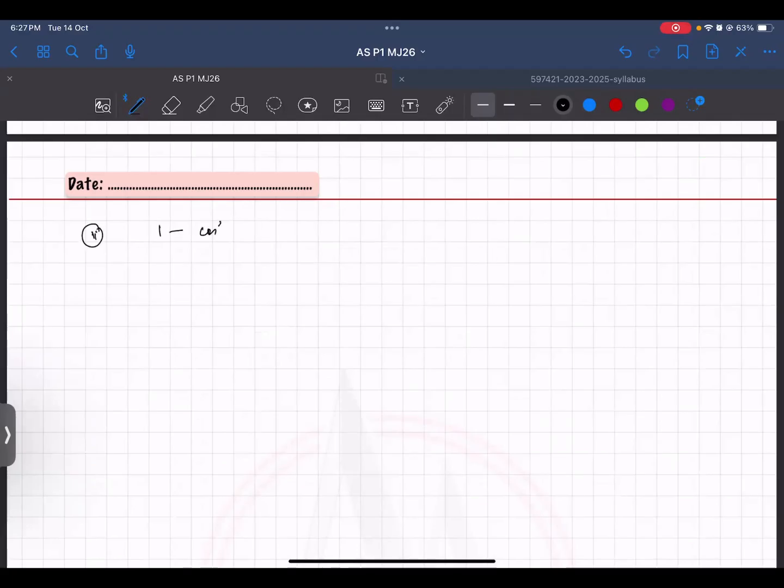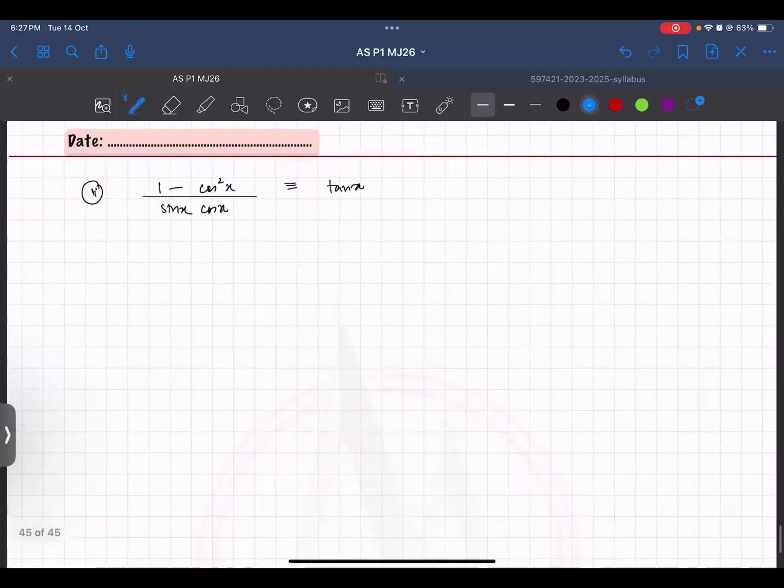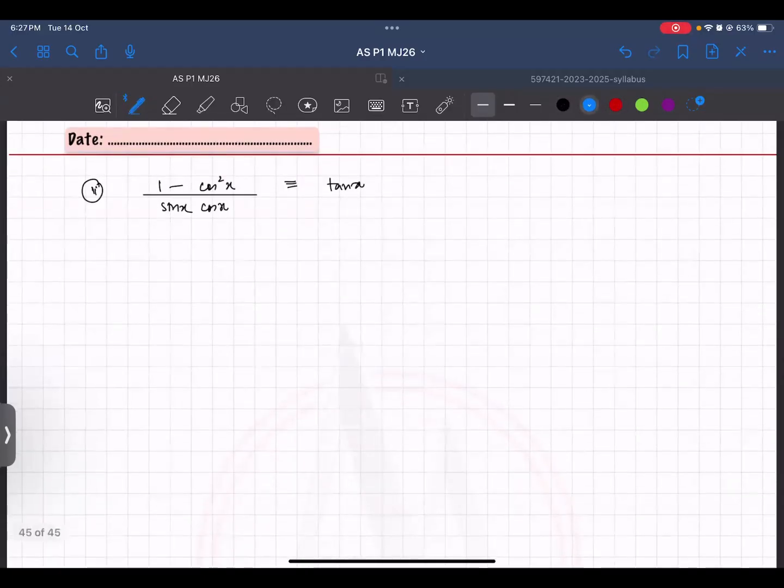1 minus cos square x upon sin x cos x. We have to simplify. You can see the more complicated part over here is the left side.